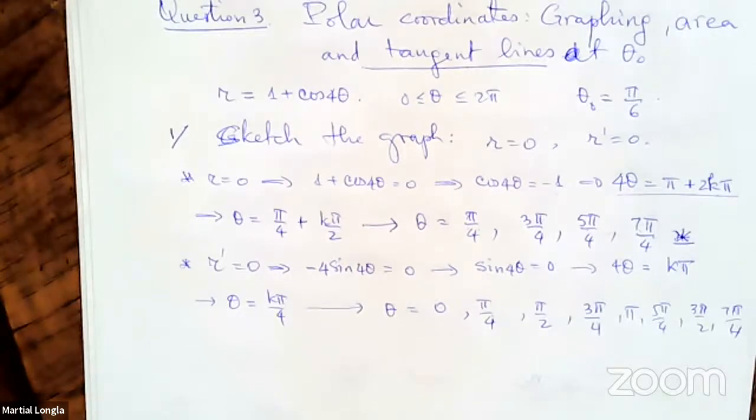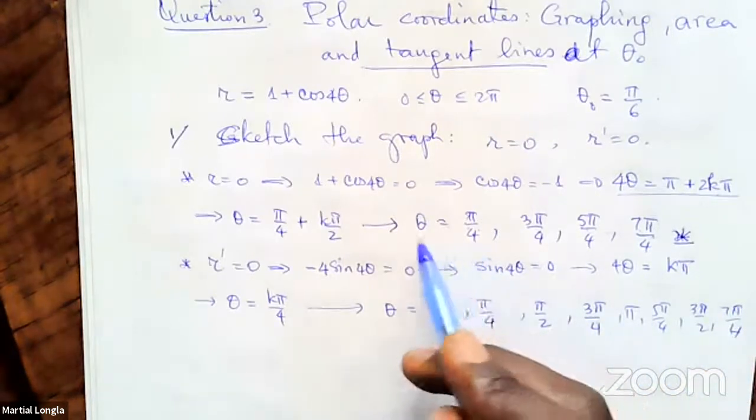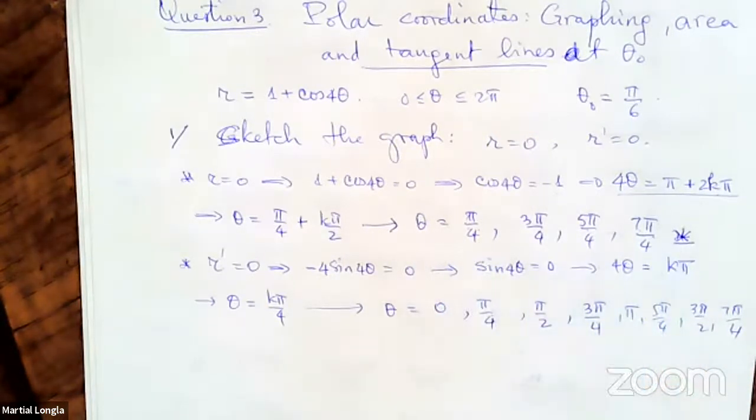Where the derivative is equal to 0 is potentially where the radius is reaching its local max or a local minimum. Now what this is saying is that all those points include the points where the radius is getting back to 0.